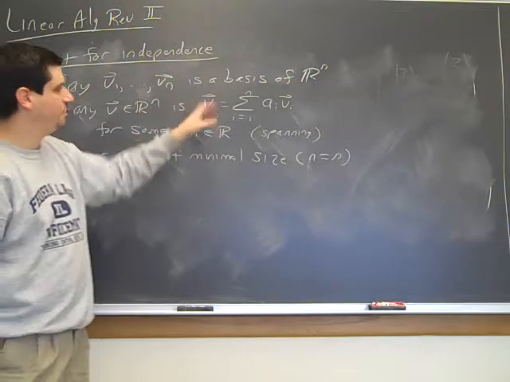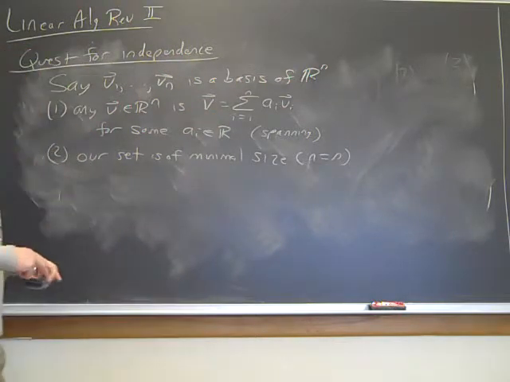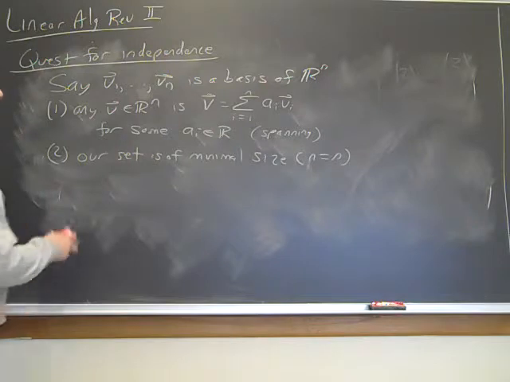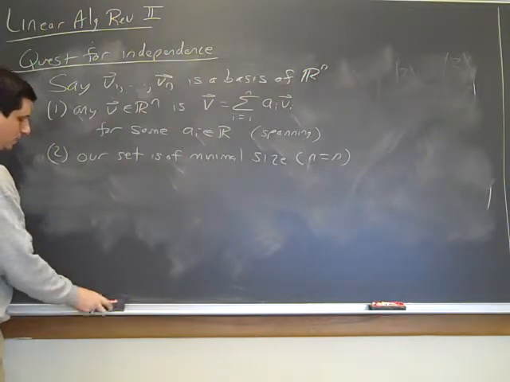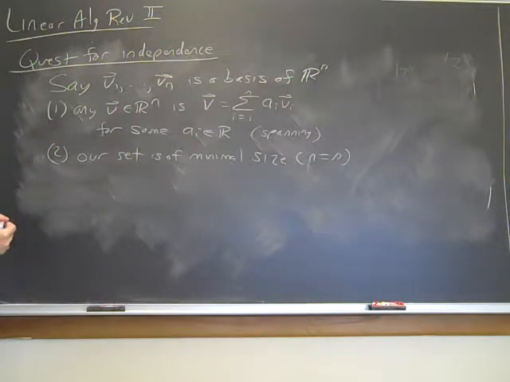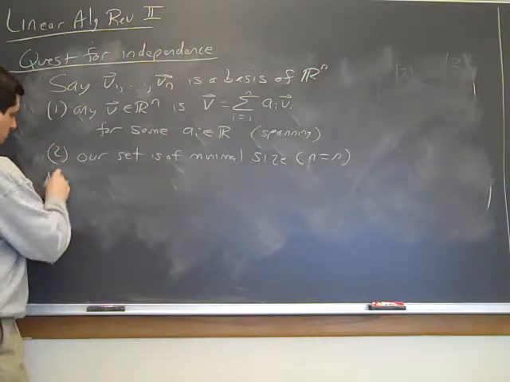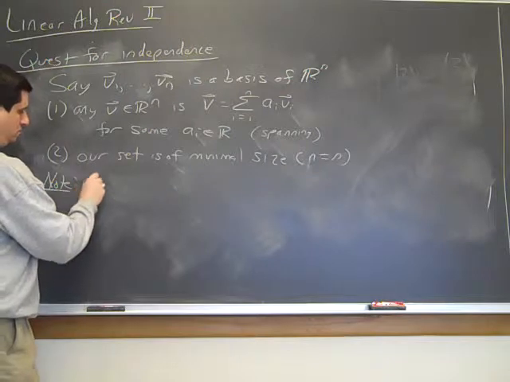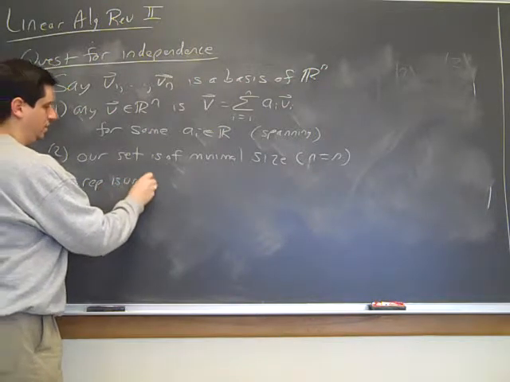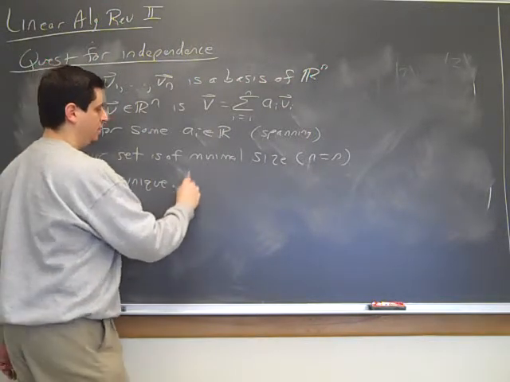So let's imagine we have a basis. This is what it means to have a basis: you're spanning, and the things are linearly independent. So one nice thing is the representation is unique. Why?